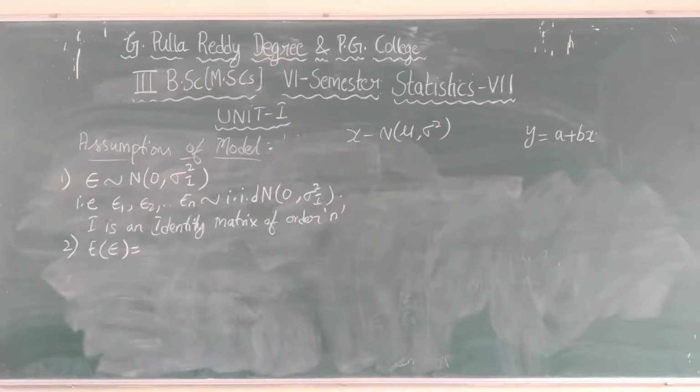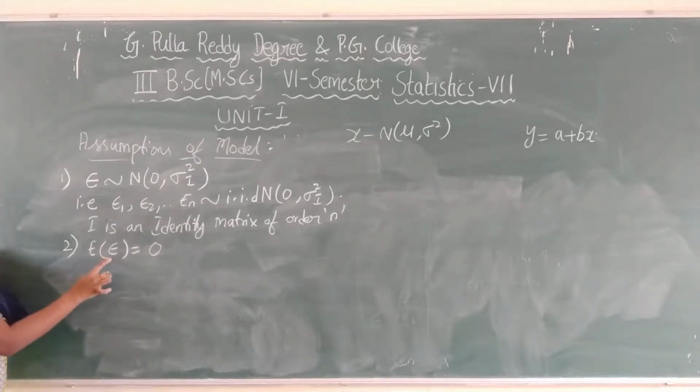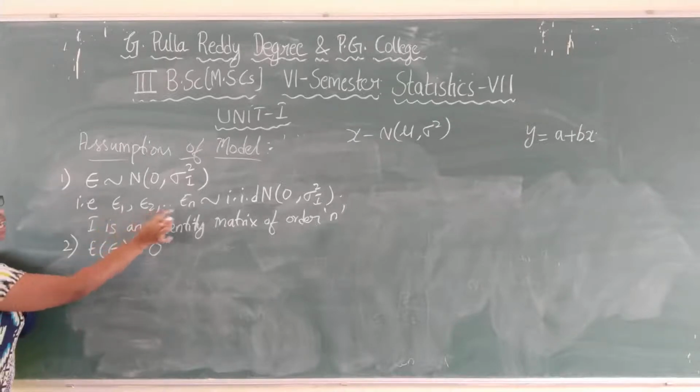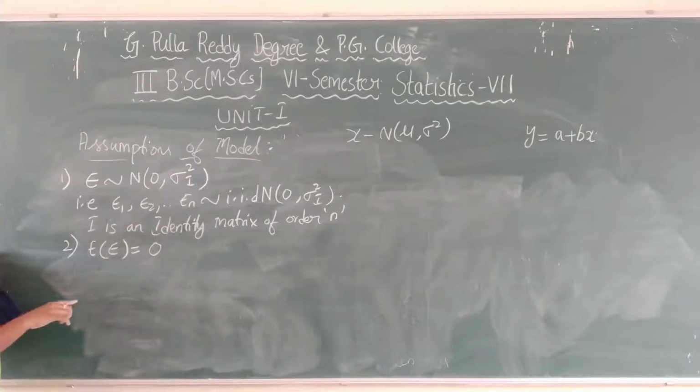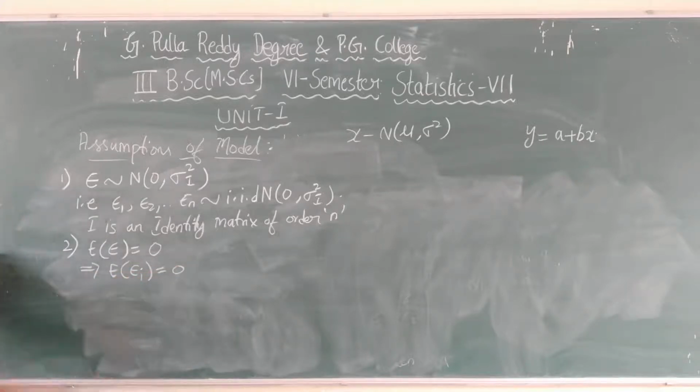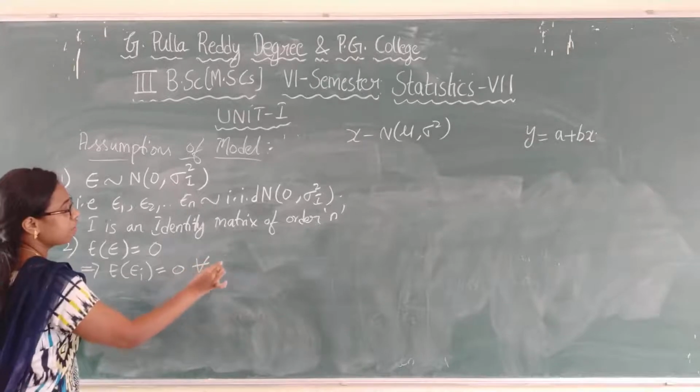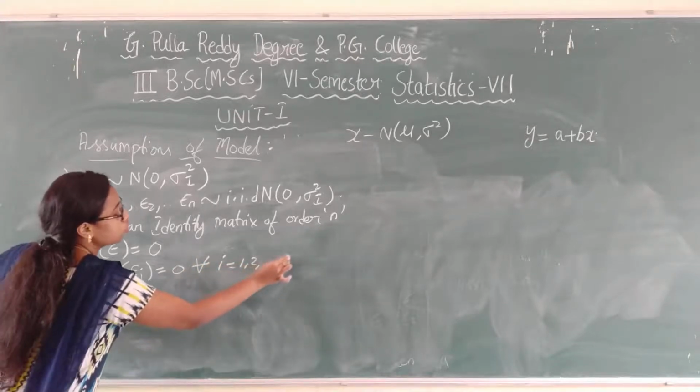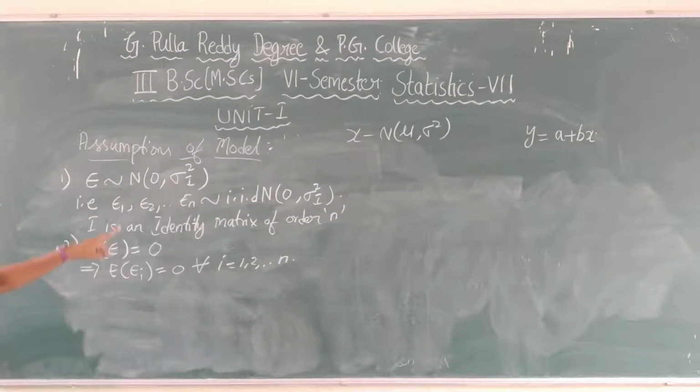So expectation of epsilon equals 0 means that for all the values in the epsilon vector, the mean value will be 0, that is expectation of epsilon i equals 0, where i equals 1, 2, so on n. We have total n values, right? So the mean for all the values of the error vector is always 0.